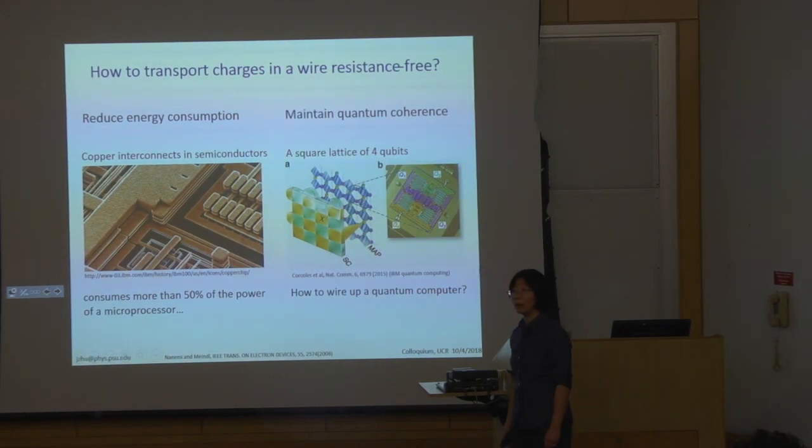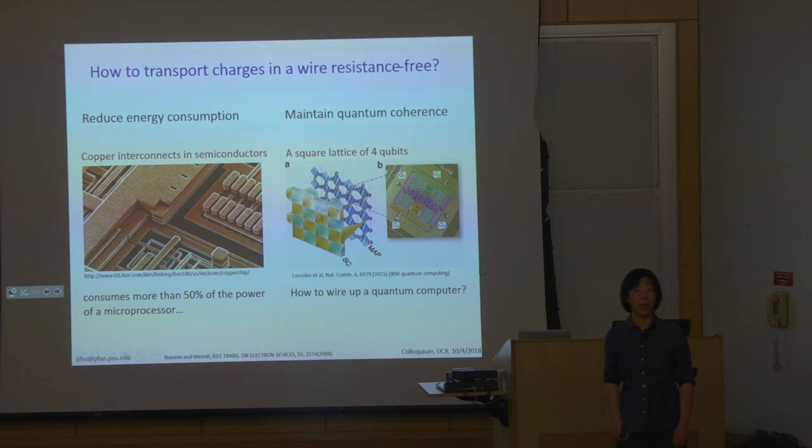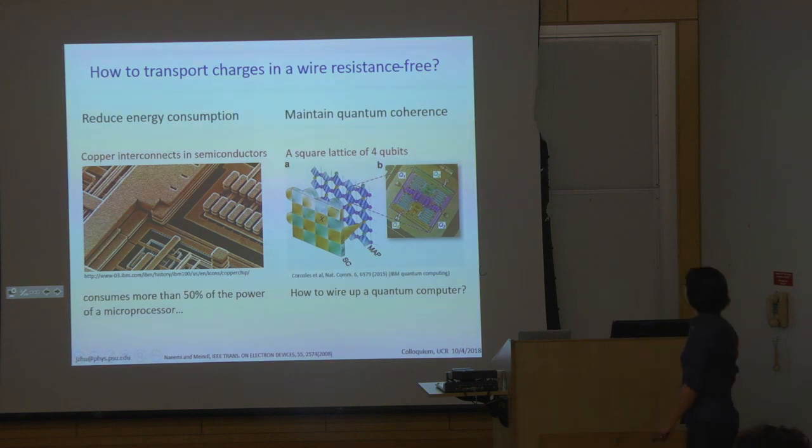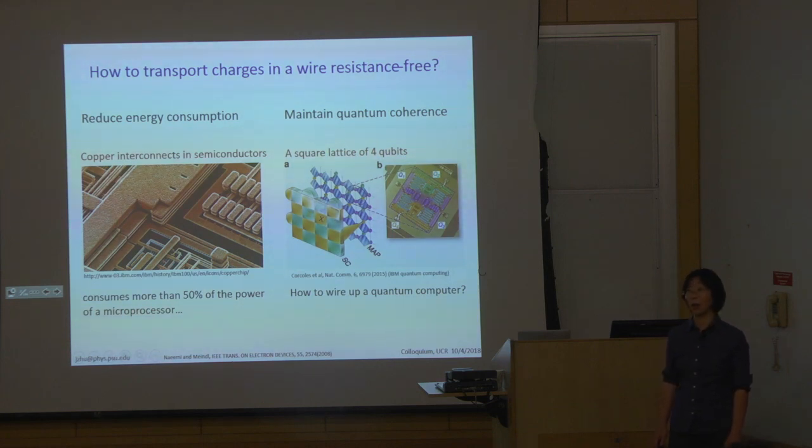Some of you may know that we are in the middle of a quantum leap era where quantum computers may become reality in our lifetime. This is a picture of a quantum 4-qubit chip made by IBM a few years ago now. You can already see the amount of wiring that has to go in order to operate those 4 qubits.